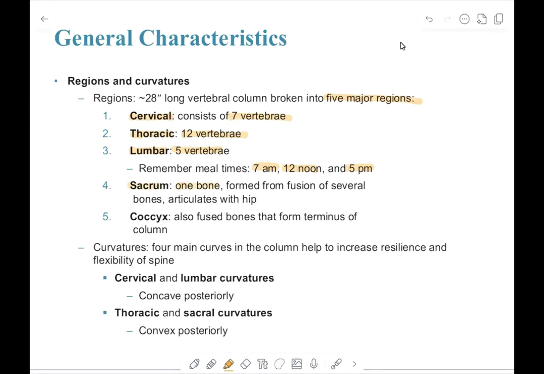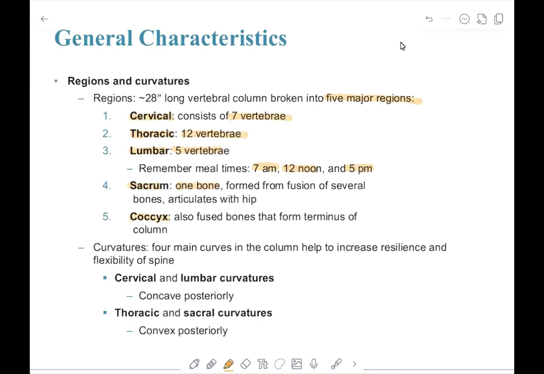During development in the uterus, there were 5 separate bones, which are now fused as 1 bone at birth. Inferior to that, there is a coccyx, which is also fused bones from 4 original bones.